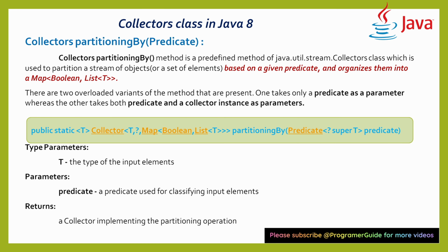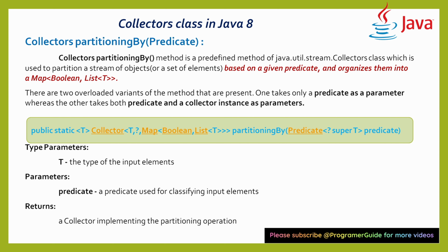The partitioningBy method is a predefined method in the java.util.stream.Collectors class, which is used for partitioning a stream of objects based on the given predicate condition and organizes them into a map. Here the data is returned based on a boolean key: a true list of the data and a false list of the data.